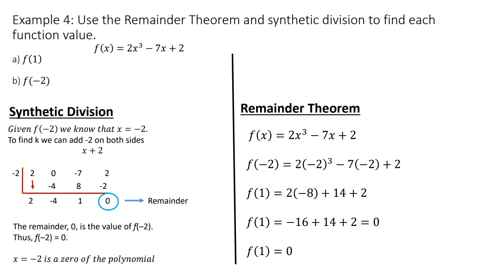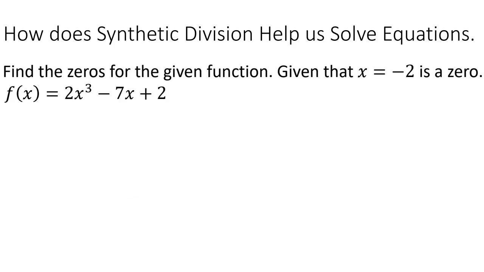All right, so let's see how synthetic division helps us solve equations or find the zeros or find the intercepts of a function. If I say that x equals -2 is a zero of 2x cubed minus 7x plus 2, the way it helps me is that I know from my past work that this is a cubic function, and this cubic function at most is going to have 3 zeros.